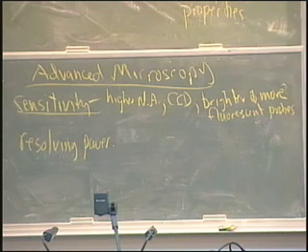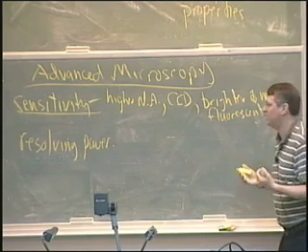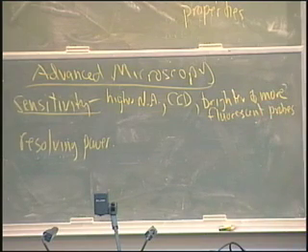And that's important because if we want to image living cells, we want to protect them from photo damage. And so we want to use the lowest level of light possible and still be able to detect specific molecules. And finally, higher sensitivity is also important because it allows us to see things with greater time resolution.